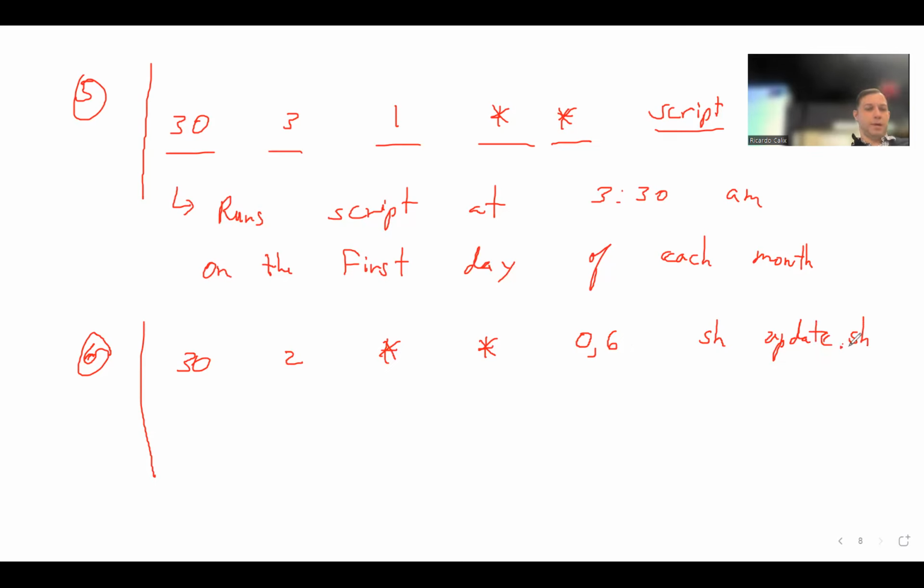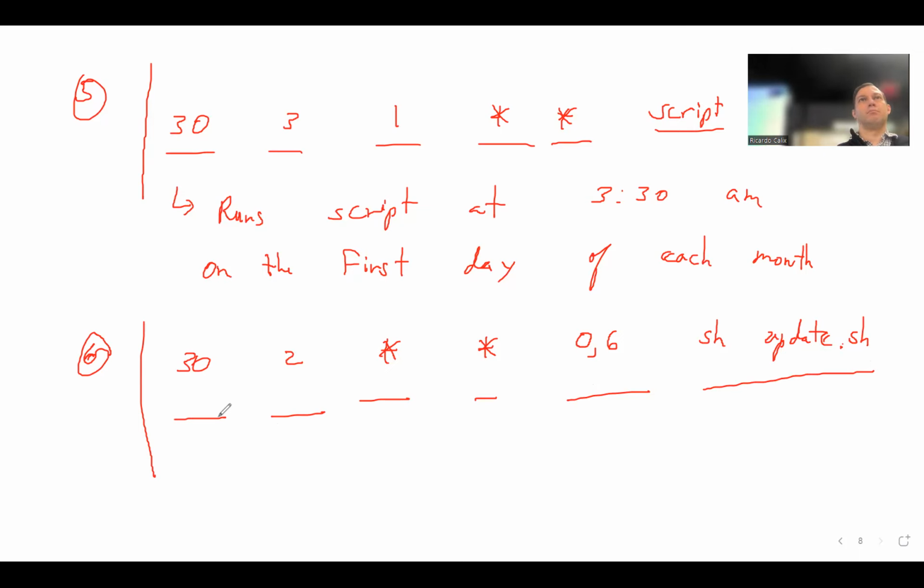So we have here the command, another shell script that's running. So we have to look at the last field, right? The last field is weekday, day of the week.